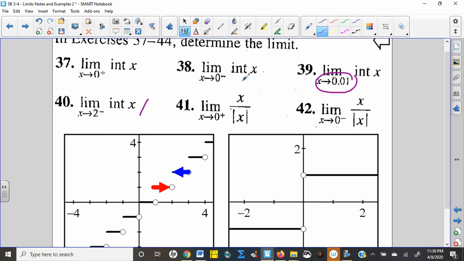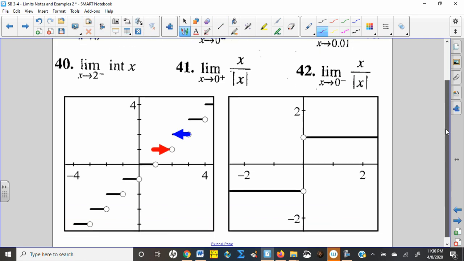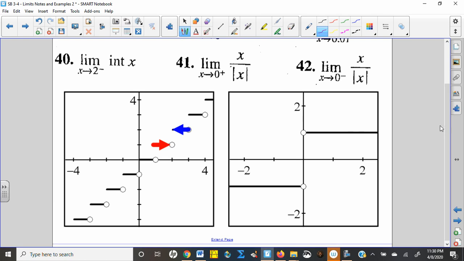Okay. 41 and 42, we switched functions. This is actually the same function I think we looked at in number 19 yesterday. When you divide a number by itself, you get 1, which is what happens if you have a positive into this, because the absolute value of a positive is itself, and so a number divided by itself is 1.